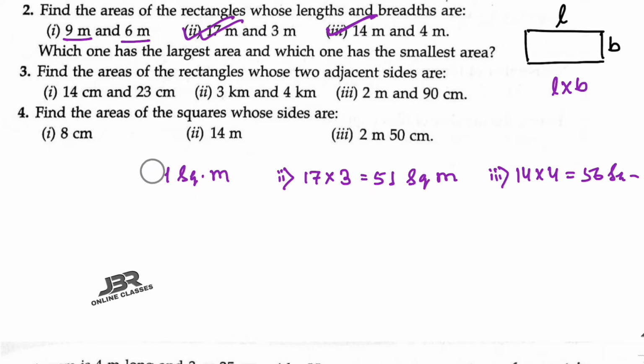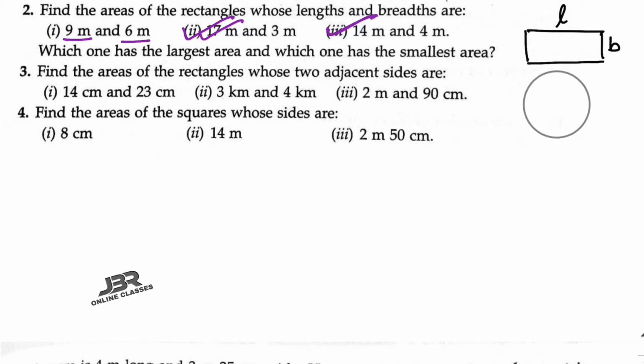Now the next one, sum number 3. Find the areas of the rectangle whose adjacent sides are 14 and 23. First, what is the meaning of adjacent side? Suppose this one is a rectangle, and this one is adjacent to this one.